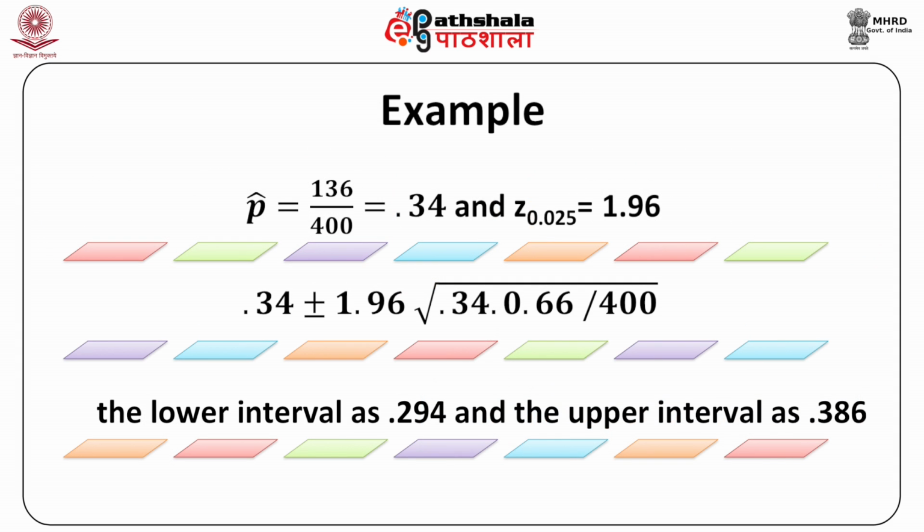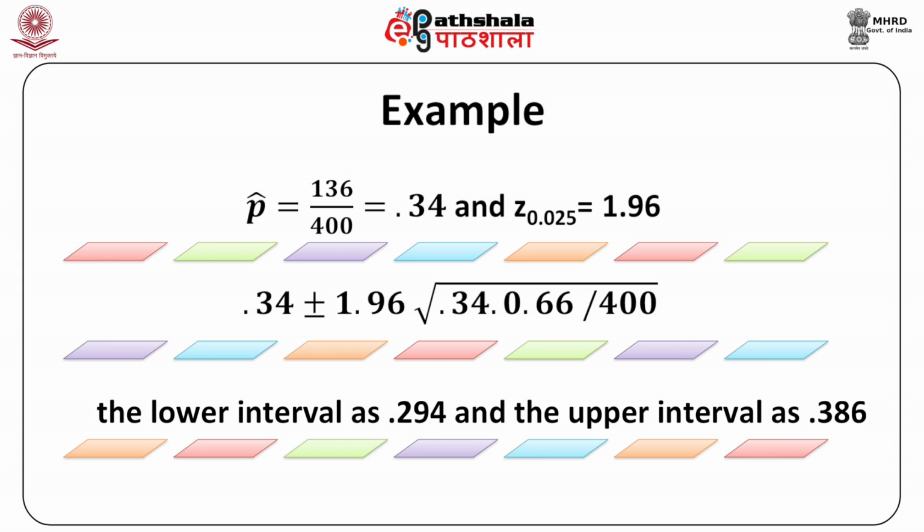Example 1. Of the 400 persons who were given flu vaccine, 136 experienced some form of discomfort. Construct a 95% confidence interval for the true population proportion of persons who have experienced some discomfort from the vaccine. Here, P hat is equal to 136 divided by 400, which is equal to 0.34, and Z 0.025 is equal to 1.96.